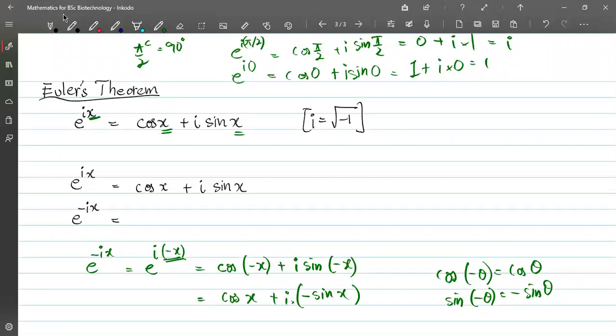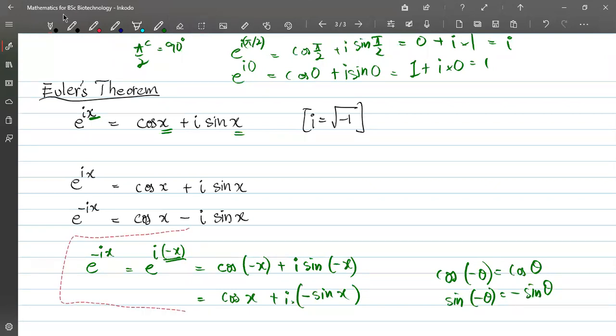So what do we get here? e to the minus ix is cos of x plus i times minus sine x, or in other words, minus i sine x. So this is clear, right? I'll erase this.